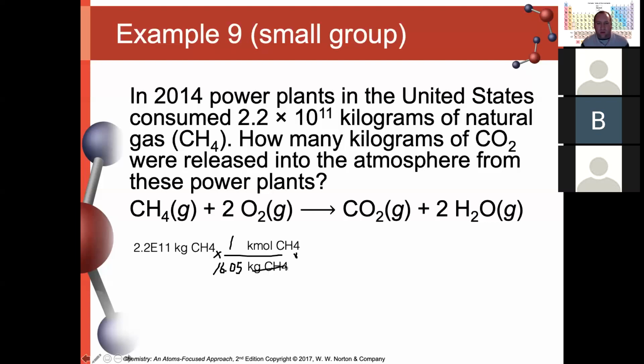And so that would get rid of our kilograms there. My second step would be the molar step, kilomoles of methane to kilomoles of carbon dioxide. And the relationship here is 1 to 1.